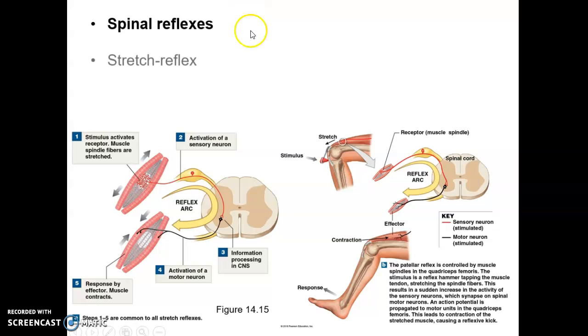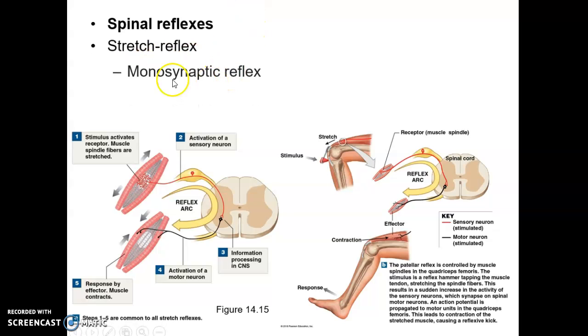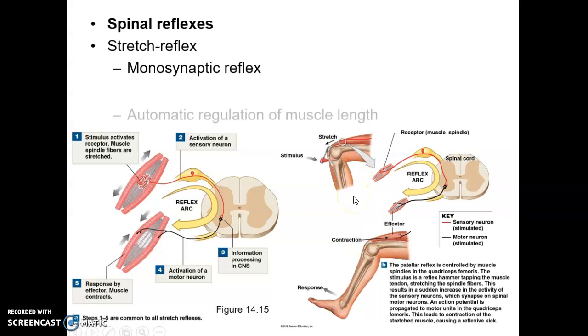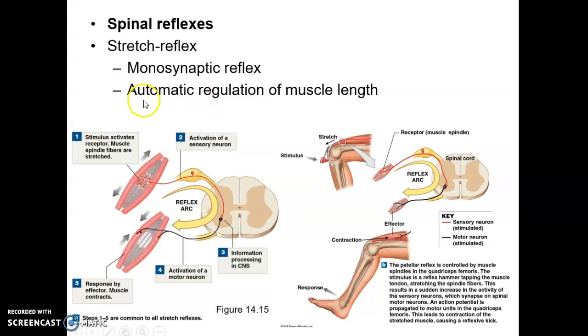So the spinal reflexes, the stretch reflex is a monosynaptic reflex. That's the one we talked about with the knee jerk reflex. It's designed to maintain the optimal muscle length. So again, when that sudden little pull happens, your reflex is protective in the sense of resisting the pull by contracting the quadriceps muscle, and that kicks the foot out.